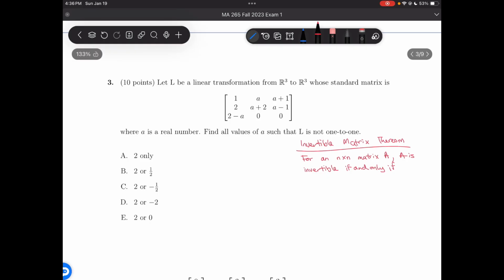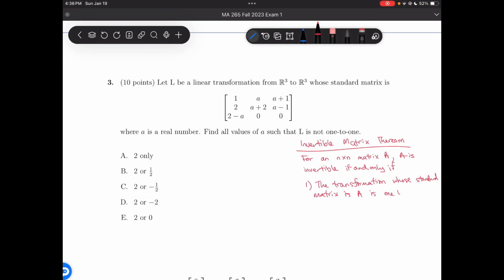And so two of these statements are that the transformation whose standard matrix is A is 1-to-1.